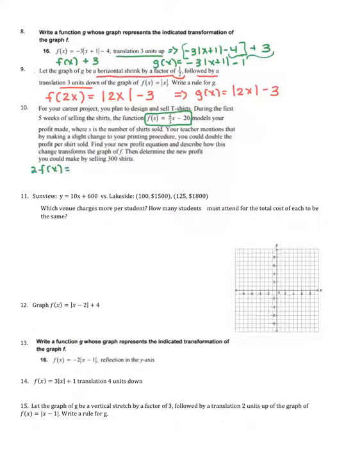So notice that goes on the outside because it's like a vertical dilation. You're doubling the f of x, which means I have to then substitute in here 4/3 x minus 20. When we work that out, that's 8/3 x minus 40. That's going to be your new profit equation.